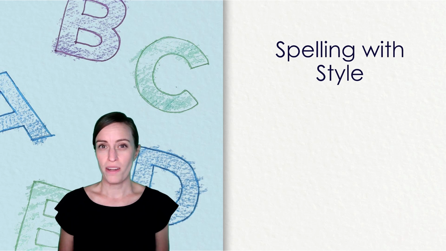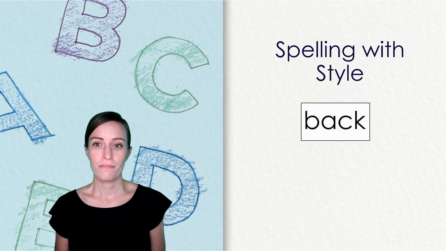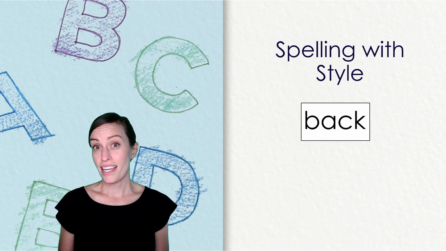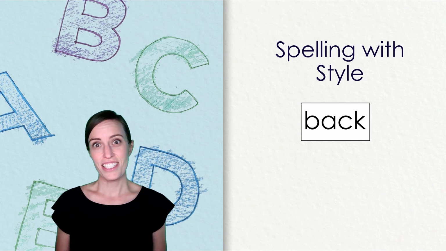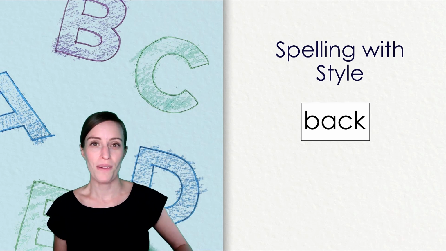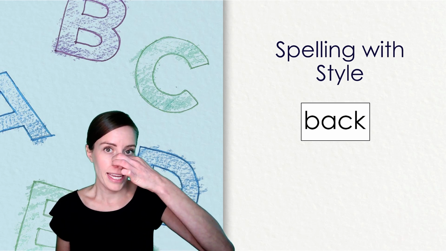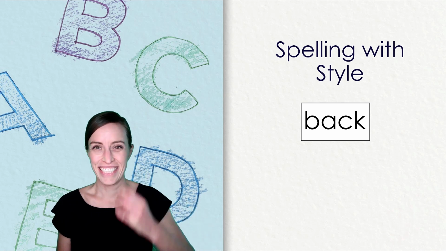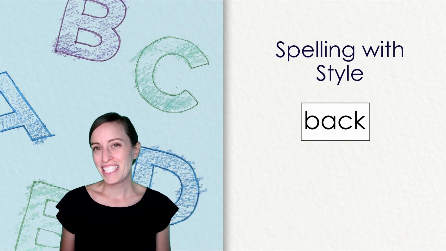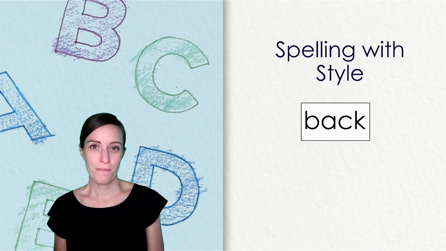Let's look at the first one together. Take a peek at these letters. Choose a style and let's do it together. Here we go. B, A, C, K. That's right. That's the word back.